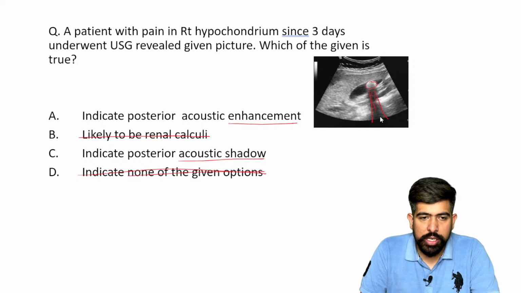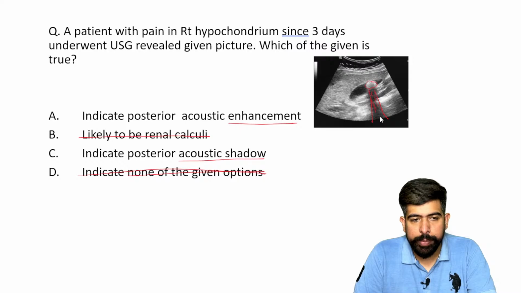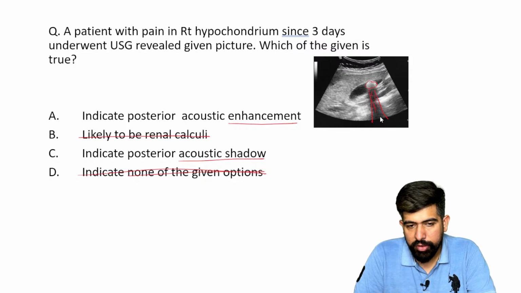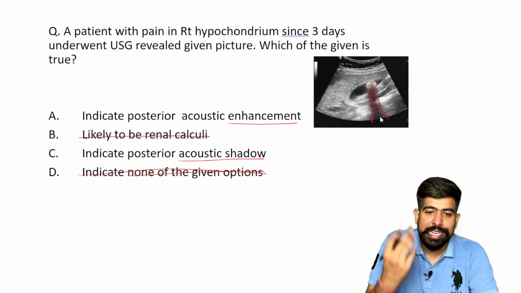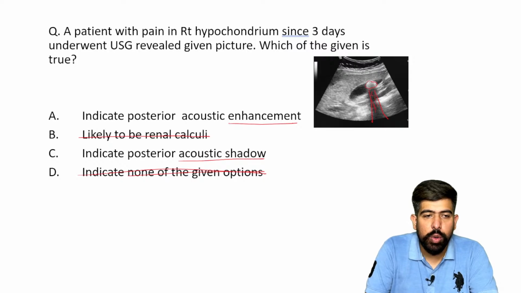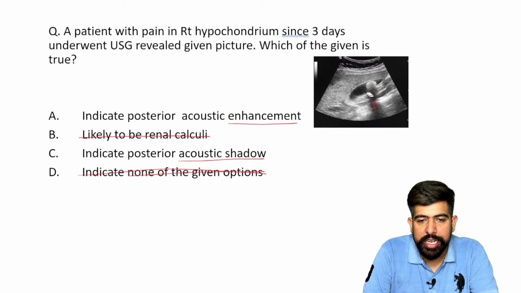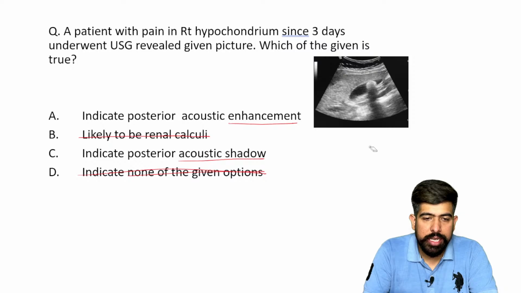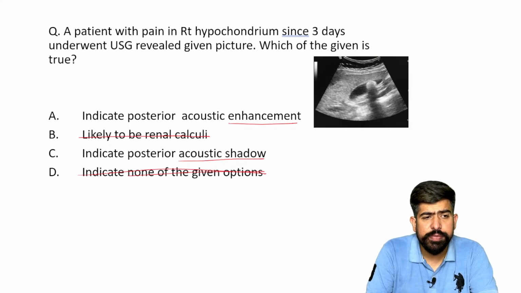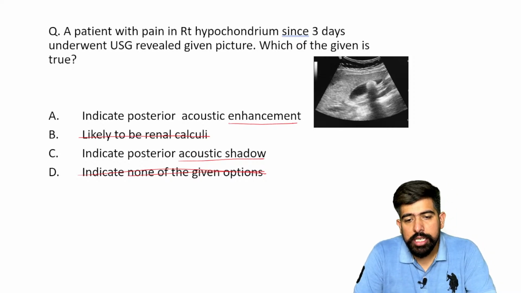Now, by seeing this ultrasound image, you can tell me whether there is a shadow or enhancement, right? Enhancement means the light increases there. That is known as enhancement. But it is not going to be seen here. There is no acoustic enhancement. Yes, there is an acoustic shadow.